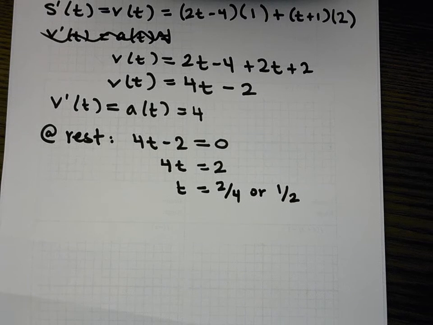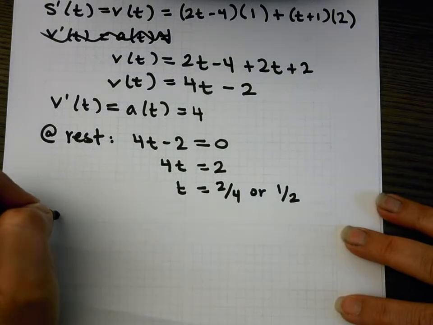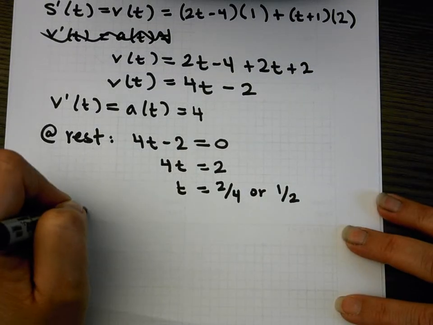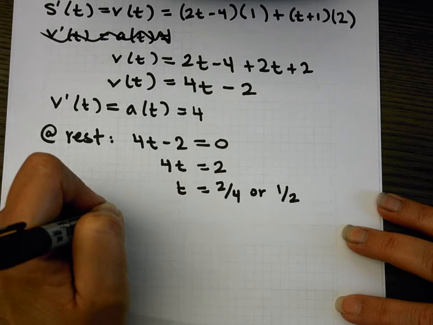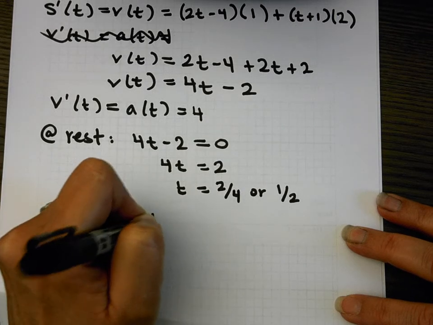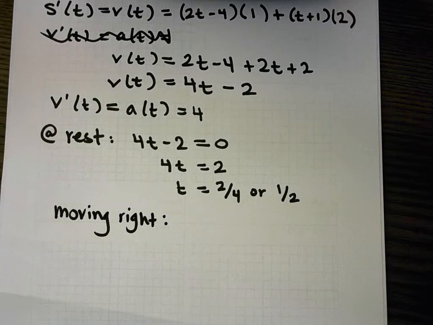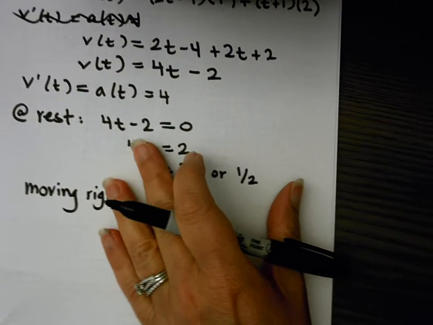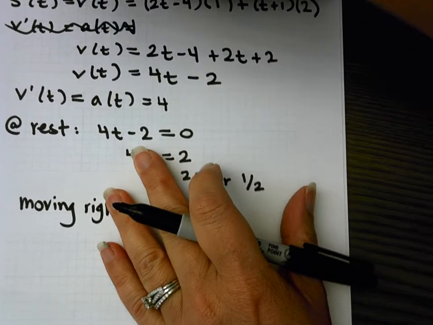Okay. All right, and then now the next question is, when is the particle moving right? So when it is moving right is when velocity is greater than 0, right?